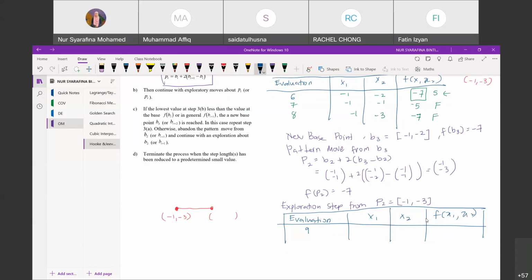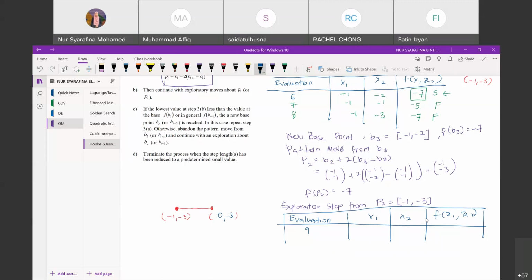Remember, our step length is still 1. So we move to the right first, about 1 step. It is 0, -3, right? -1 plus 1, 0. Is it 0, -3? Why did you say -1, -2 here?